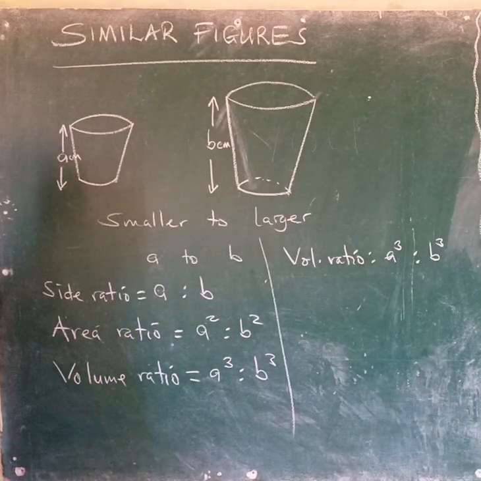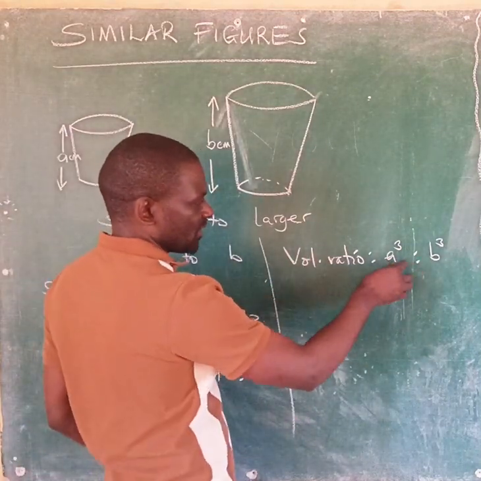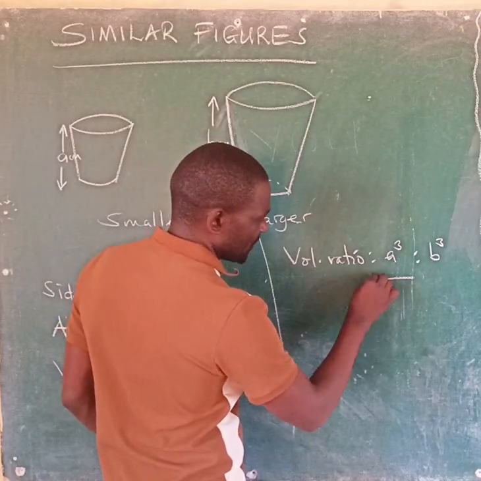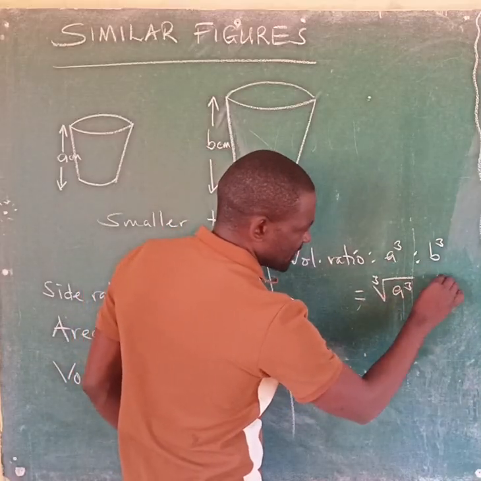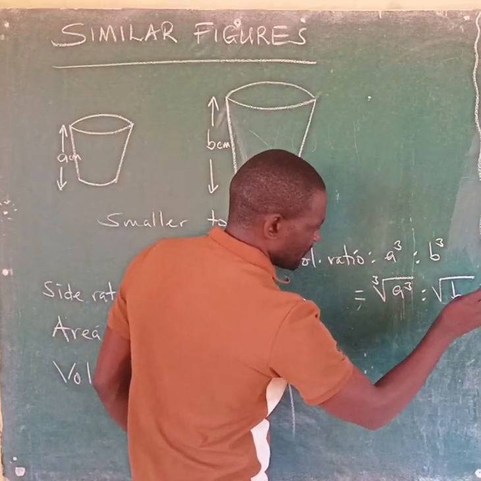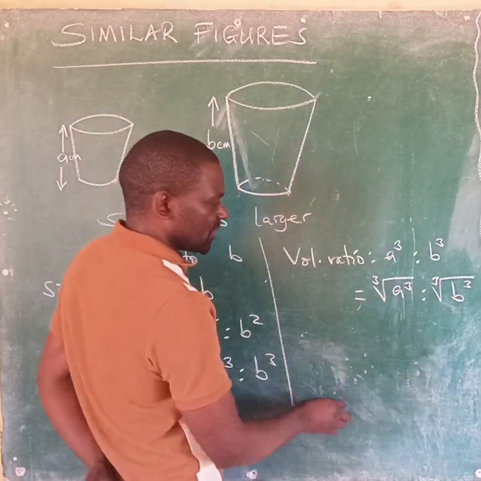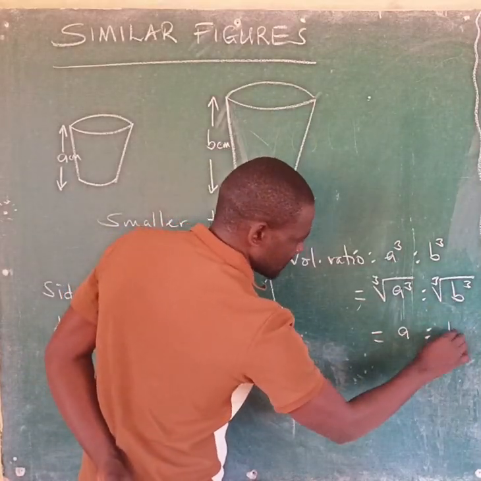For us to find the side ratios, you just take the cube root of this. So we can say the cube root of this one to the cube root of this volume ratio. And the cube root of this is simply A, then the cube root of that one is B.